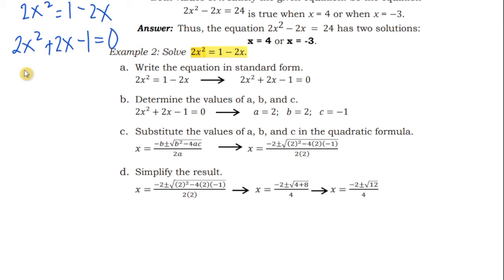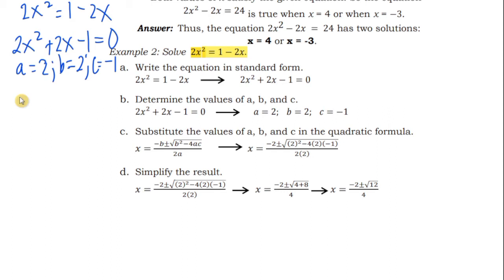c is negative 1. So using the quadratic formula, which is negative b, the opposite of the value of b, plus minus the square root of b squared minus 4ac, all over 2a.